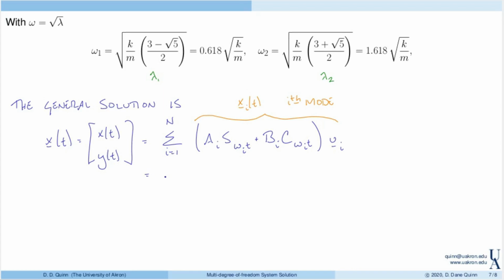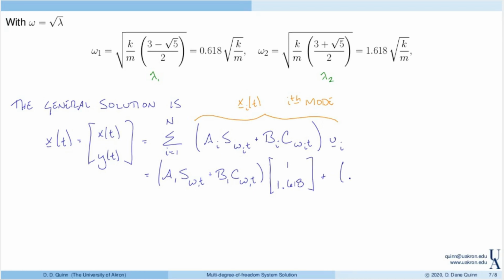So just spelling this out, we end up with A1 sine omega 1 t plus B1 cosine omega 1 t, times u1. u1 was the first mode. So let's go ahead and write that out. So that was 1 and 1.618.